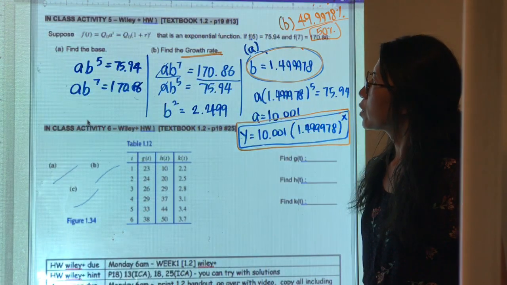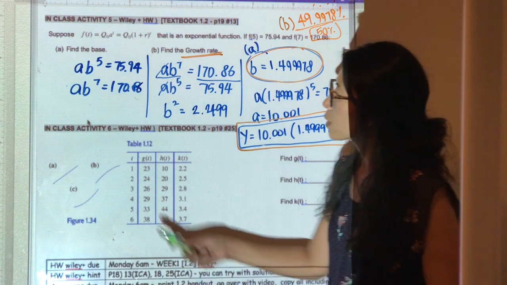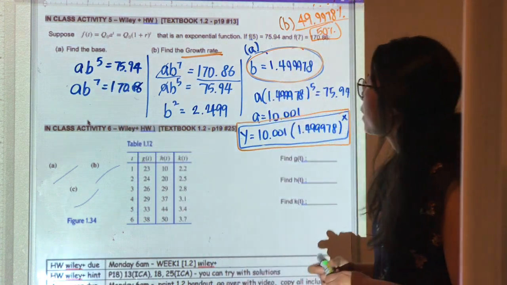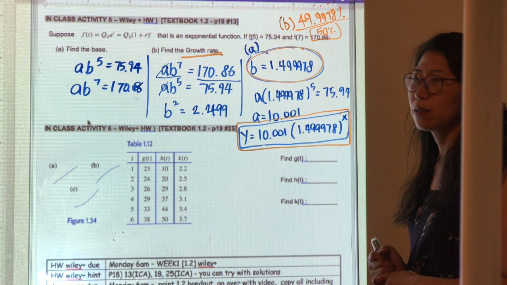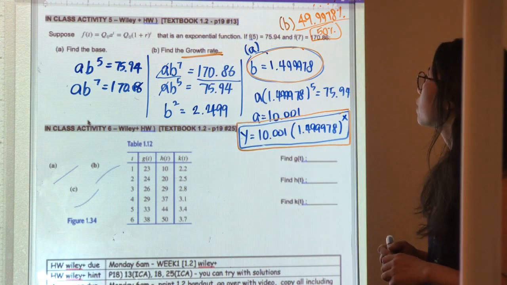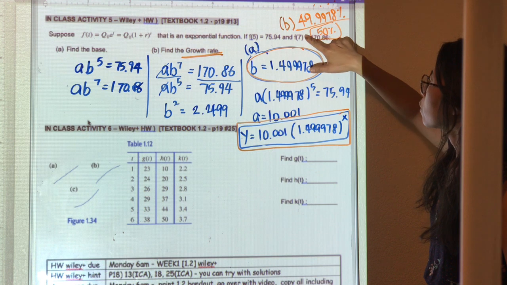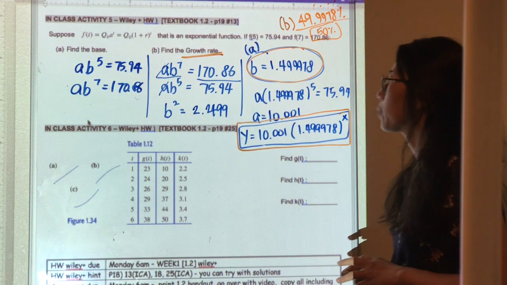Okay class, let's check your in-class activity answers. If you look at A, find the base. I got the base, the b value, 1.499978. And if you want to find the growth rate, that is going to be in percent. So without the 1, it will represent 49.9978%.